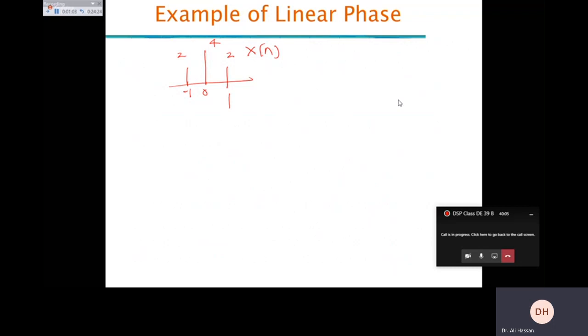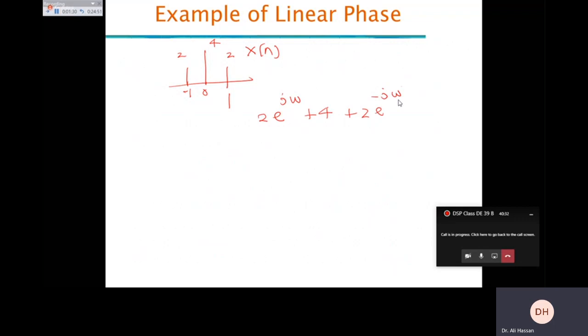So let's take its Fourier transform to figure this out. Again, this is an important concept, and make sure that you understand it. We should be able to write the Fourier transform by just looking at the signal. The Fourier transform is 2 exponential j omega plus 4 plus 2 exponential minus j omega.